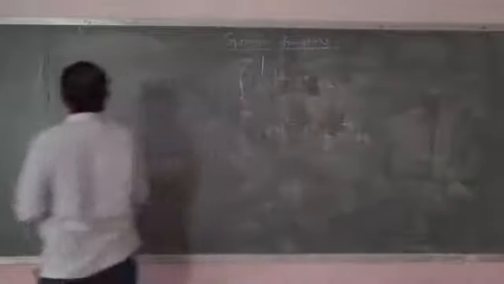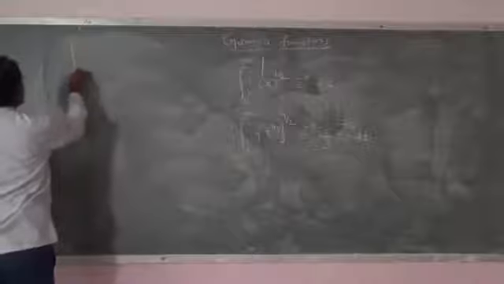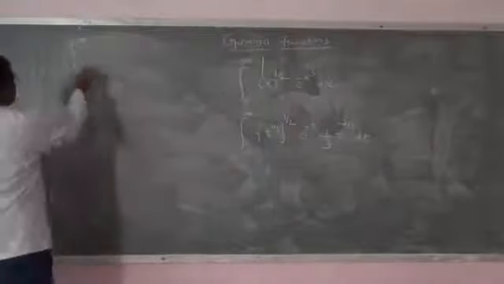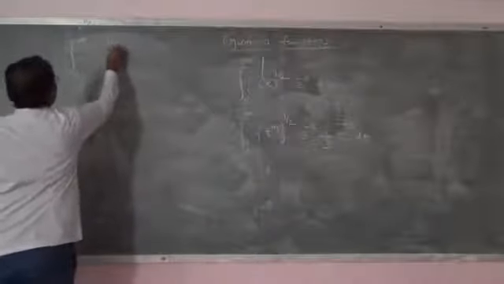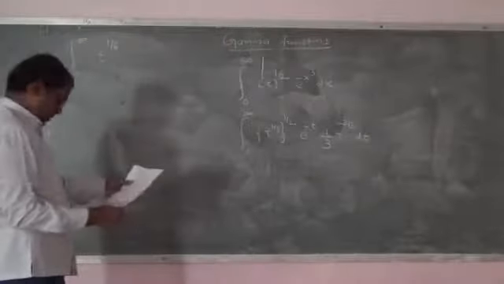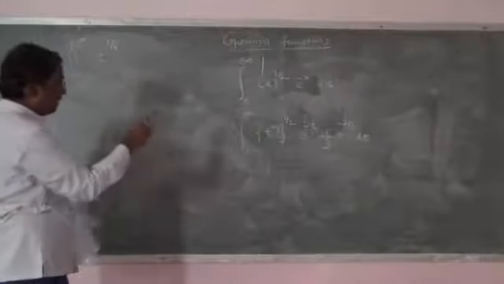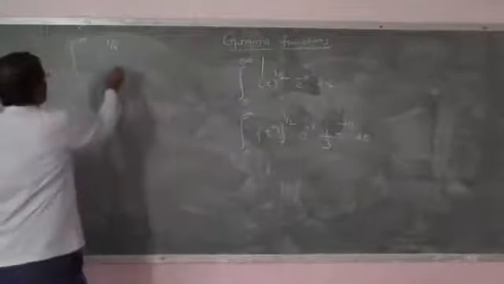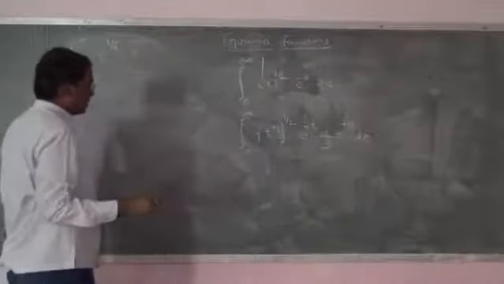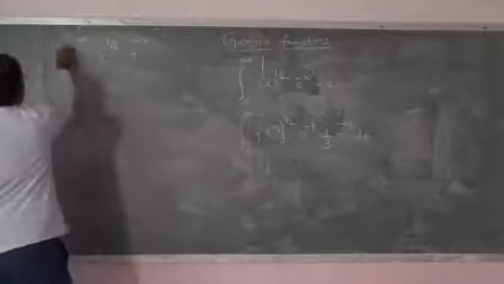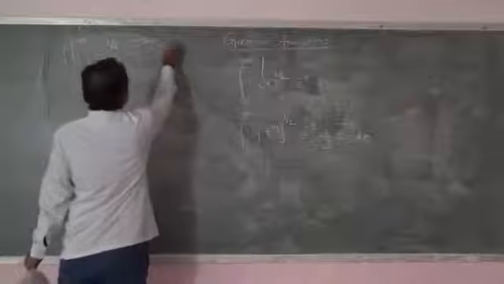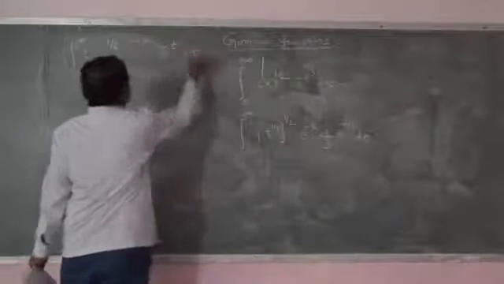Now you simplify this. 0 to infinity, t raised to 1 by 3 raised to 1 by 2 is t raised to 1 by 6, and then t raised to minus 2 by 3. The 1 by 3 constant you can take outside, and this is e raised to minus t dt.